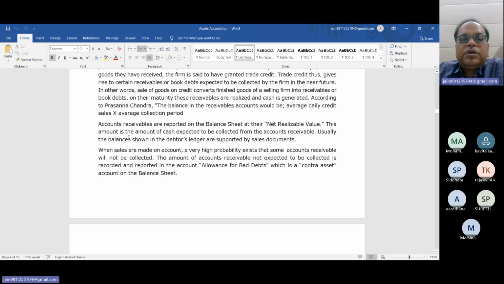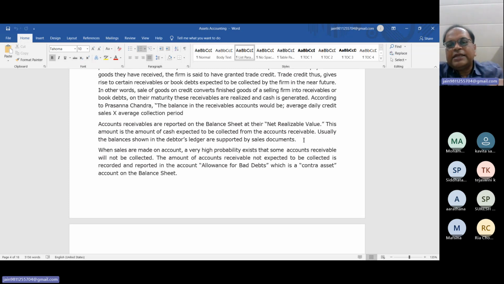This amount is the amount of cash expected to be collected from the account receivable. The net realizable value means the amount which is expected to be collected. The total amount of debtor is rupees 50,000. Out of 50,000, we have claimed 2,000 as bad debts, and there is no chance of recovery of 2,000 rupees from the debtor.